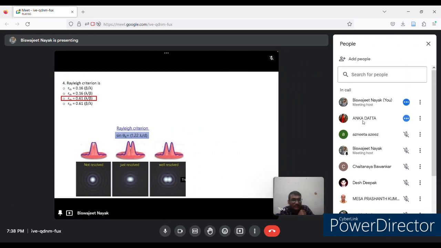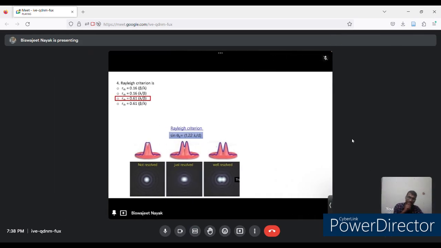If the amplitudes of the waves are the same, no, okay, not this one. The Rayleigh criterion, right? So Rayleigh stated that if the maximum from one source lies over the first minimum from the other source, then the overall intensity profile exhibits a dip in the middle at about 80% of I max.